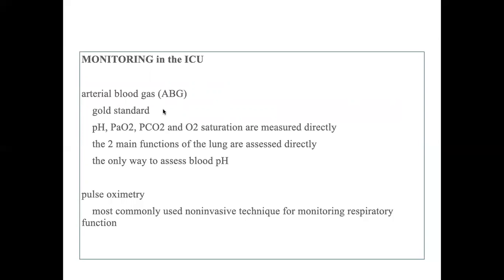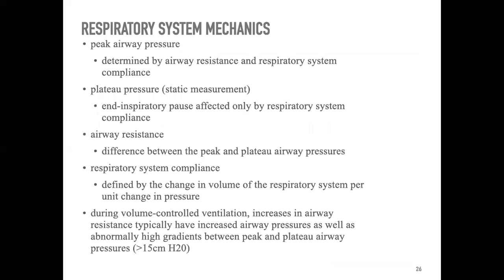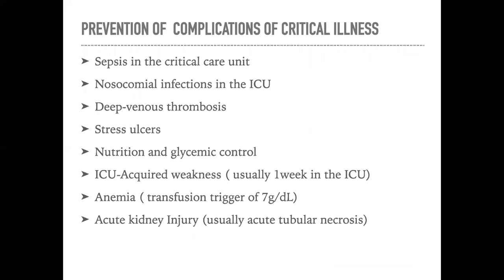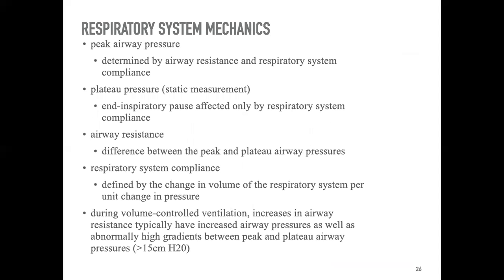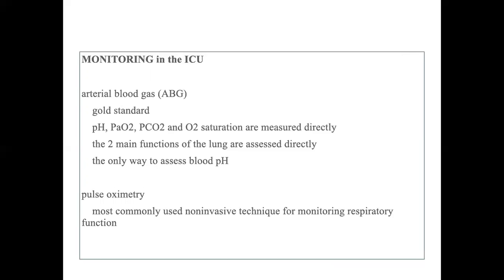So in doing the ABG, we get to measure the two main functions of the lung, which is oxygenation and ventilation. And ABG is the only way to assess the blood pH. But you have to remember, every time you do the ABG, it's quite a painful process and expensive.